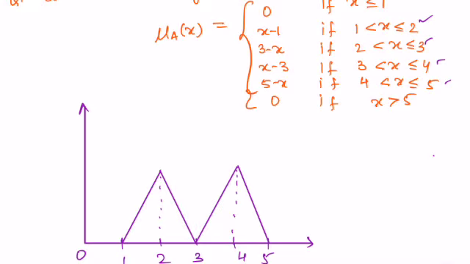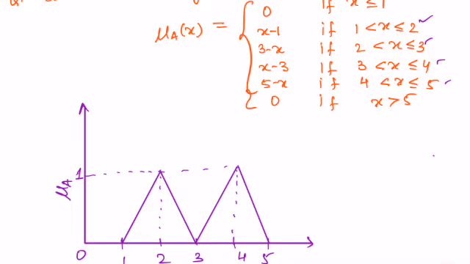And here this axis represents the membership value mu A, and the maximum value here is 1. So you can see the representation of this fuzzy set. The membership grade is also given.